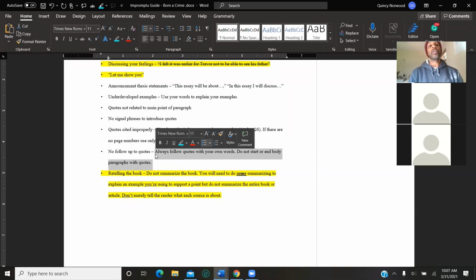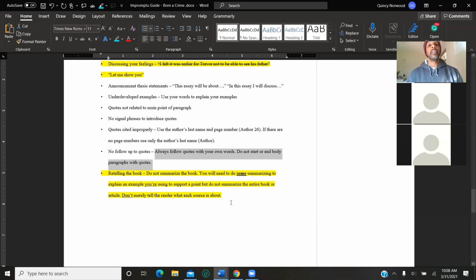When you're going back to look at your own paragraphs, whether for revision or proofreading, make sure the majority of words are your own original wording. Quotes should be a very small part of a paragraph. The majority should be you crafting that paragraph. You can even build around the quote, if you will. So always follow up with quotes.